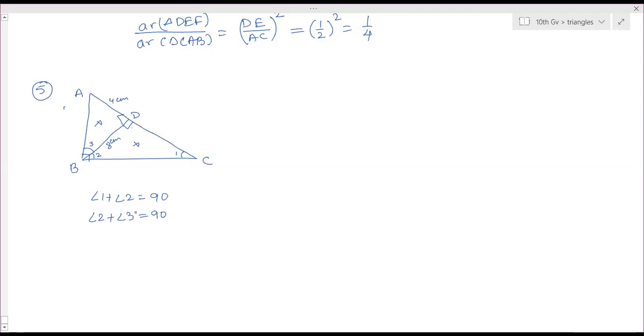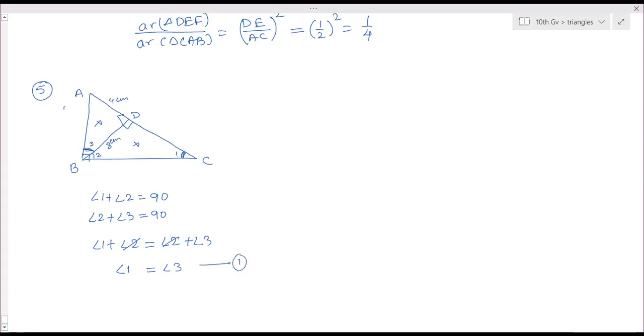Both are equal, so we can equate them. Angle 1 plus angle 2 is equal to angle 2 plus angle 3. So angle 2 cancels. So angle 1 is equal to angle 3. Angle 1 is of triangle BDC and angle 3 is of triangle ABD. The two angles are equal. And this is 90 of this triangle, 90 of that triangle. Both are equal.